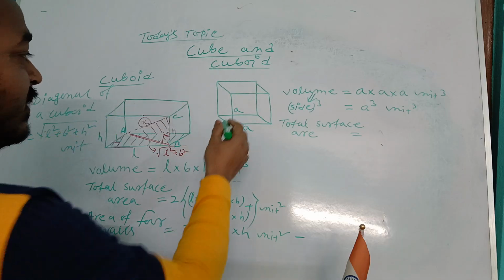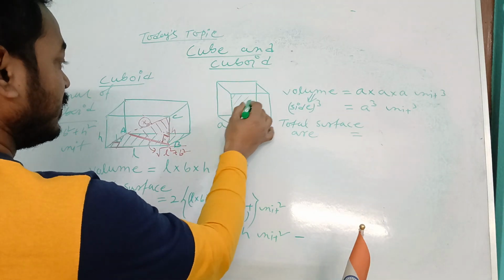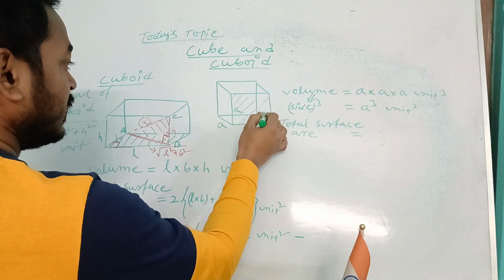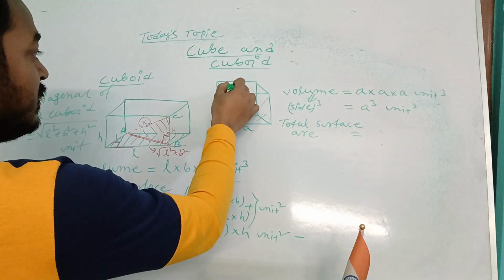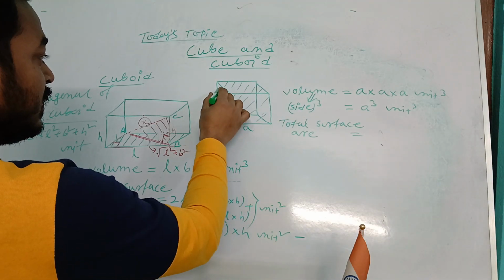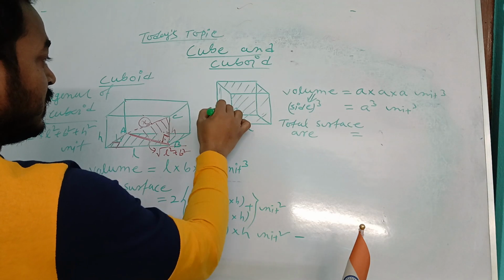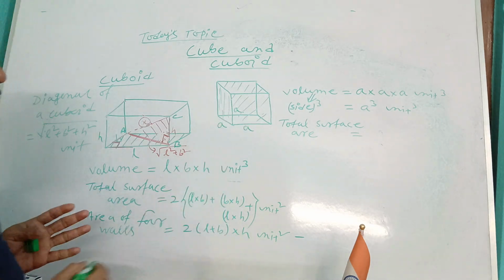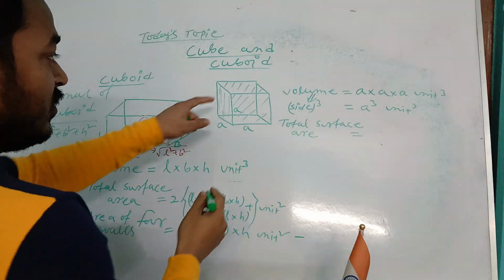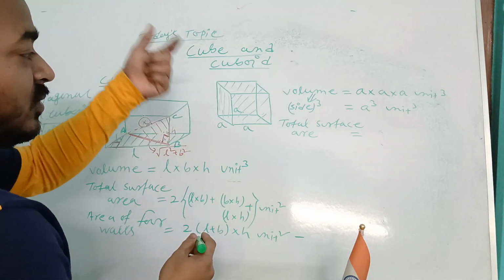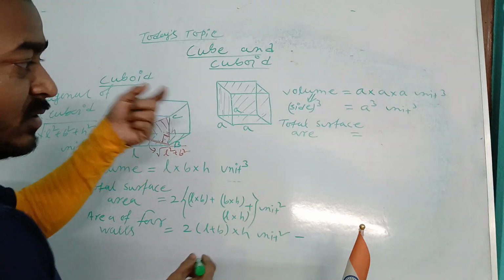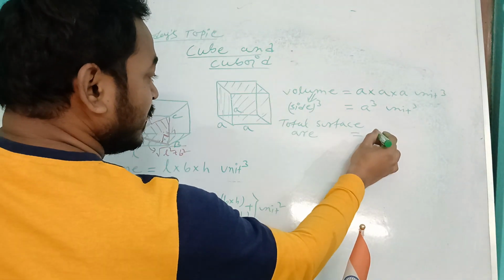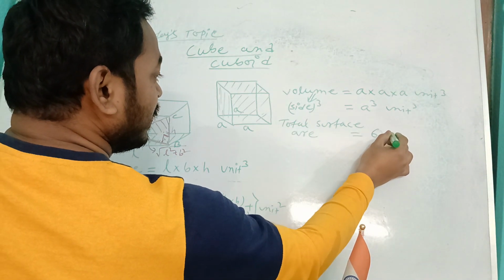For one face, all the sides are the same, so it is a square. If I consider this, it is also a square. If I consider that, it is also a square. So we get 2a square plus 2a square plus 2a square. Total 6, so we can write it is 6a square.